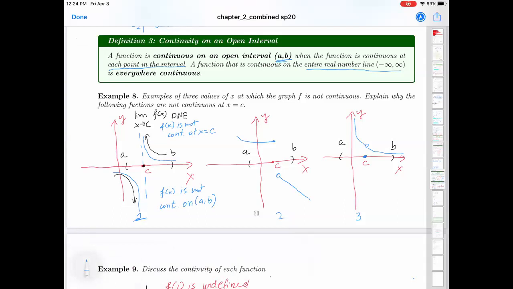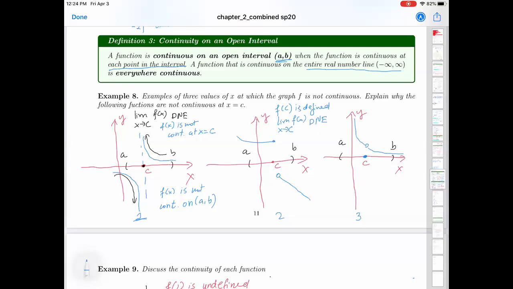The second graph shows us a function where, again, f of c is defined when x equals c. So you have a value for f of c, but the limit of this function when x goes to c doesn't exist.